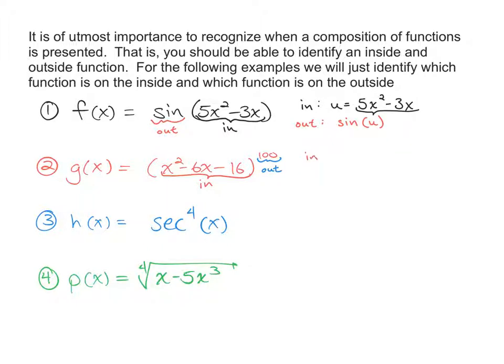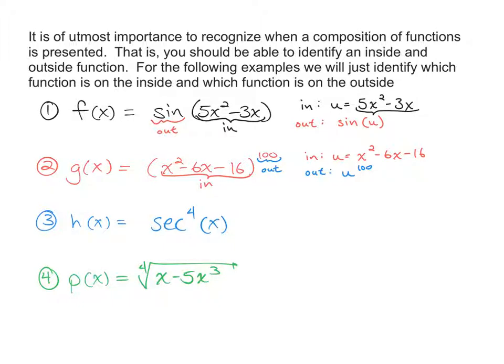So here the inside is u equals x squared minus 6x minus 16, and the outside will be u to the 100 power. And again, if you substitute in this expression for u, you'll end up with what we started with. So we're just decomposing the composition.